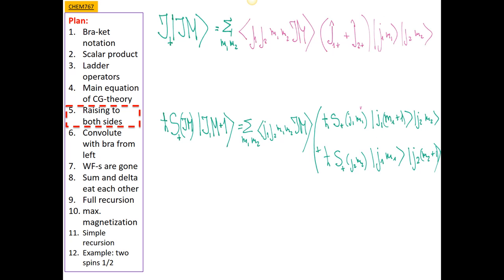So we repeat the same line twice: in one case we keep only the first raising operator, in the second line we keep the second.